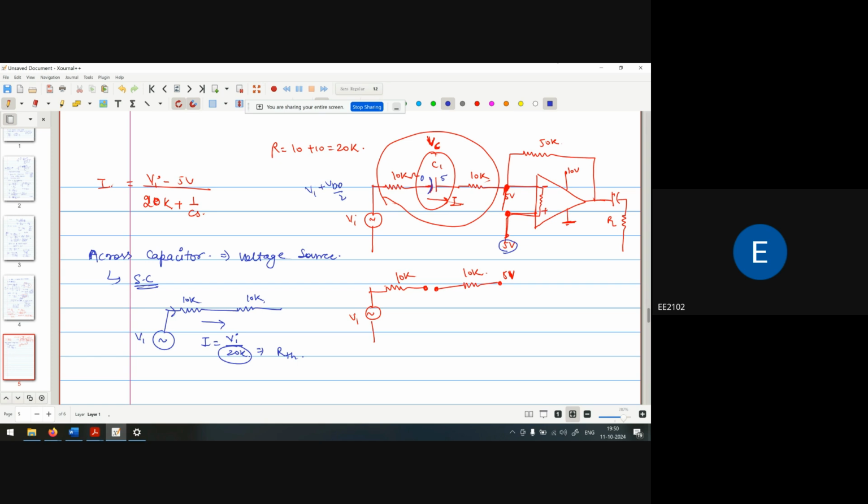Now VDD is 10 volts, so at the input side I should provide VI plus 5 volt. Then this capacitor behaves as a 5 volt battery, where the negative terminal behaves as 0 and the positive terminal behaves as 5 volt.